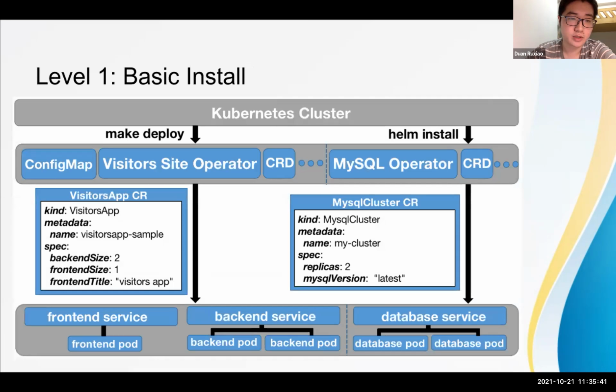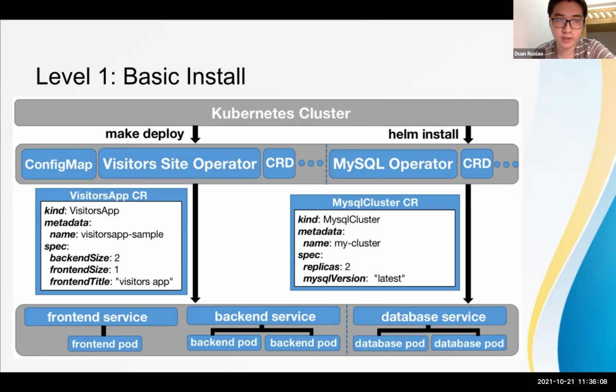So let me first introduce my operator level by level. Here you can see that the first level is the basic install. It's very easy thanks to the built-in functions of Operator SDK. We just have to run a single command and all the necessary components will be installed. And here you can see that we can apply a custom resource to install and configure all the workload.